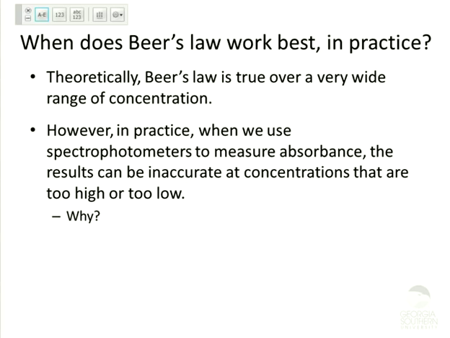If absorbance is really low, transmittance is really high. So there's very little difference between the intensity of light through the blank and the sample, and it has a hard time telling the difference between those two. It's like two big numbers: you just have to tell the difference between the two, and the relative error can be pretty large. So you don't want absorbance to be too low.